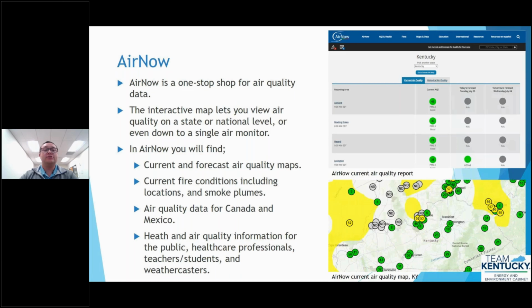On the site, you can find resources for current air quality and forecasted air quality maps, current fire conditions, including their locations and potential smoke plumes, air quality data for Canada and Mexico, and important health information related to air quality that can be used for the public, healthcare professionals, education, and weathercasting.